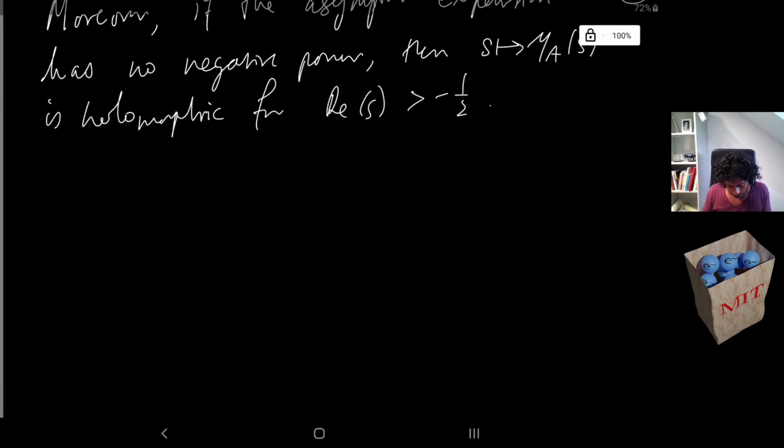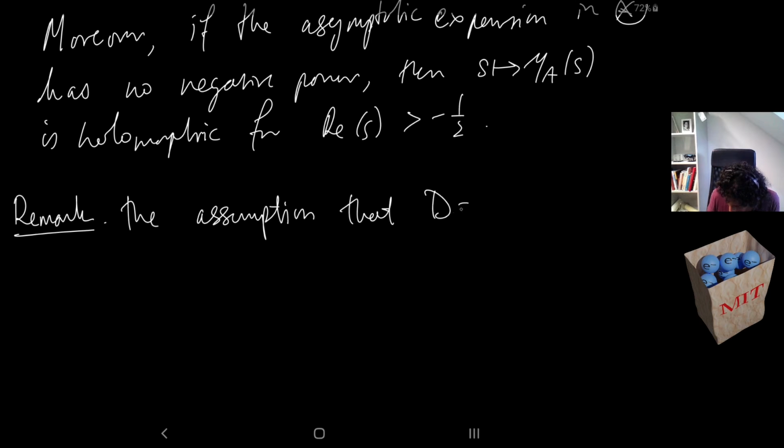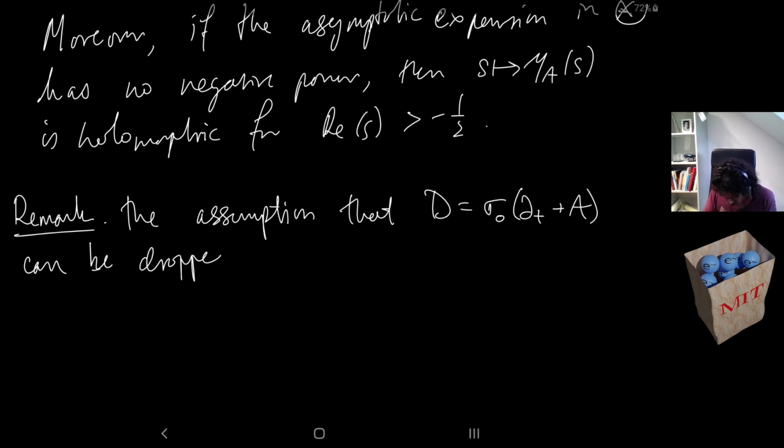Okay, so let me just make a remark. The assumption that d equals sigma naught dt plus a, in a neighborhood of the boundary, can be dropped.